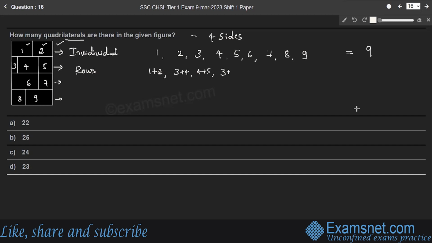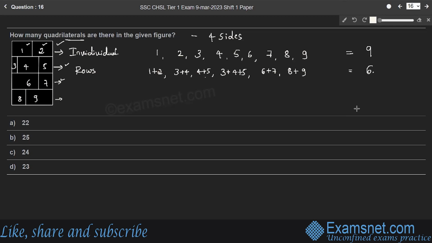Combine all 3, 4 and 5, you will get a rectangle in the second row. Consider the third row. Combine 6 and 7, you will get a rectangle. And in the last row, combine 8 and 9, again you will get a rectangle. Therefore, considering individual rows, you will get 1, 2, 3, 4, 5, 6. So 6 quadrilaterals you will get.